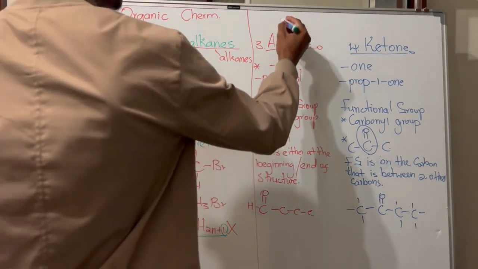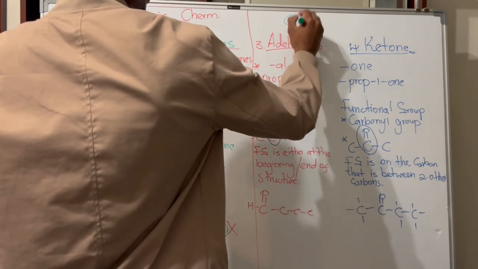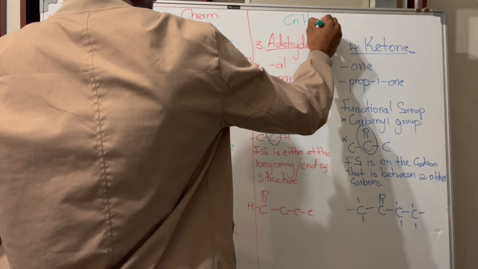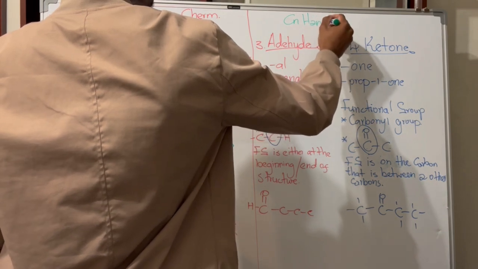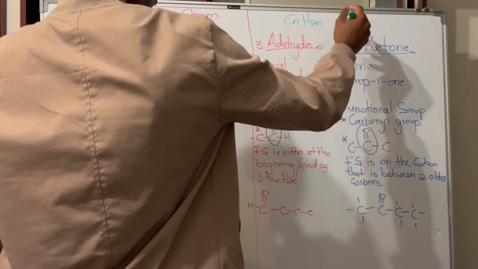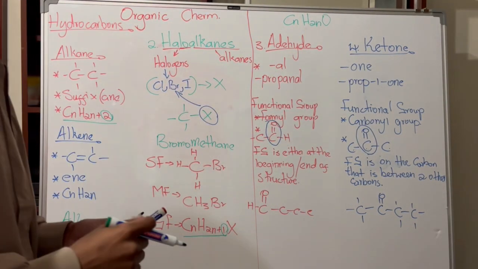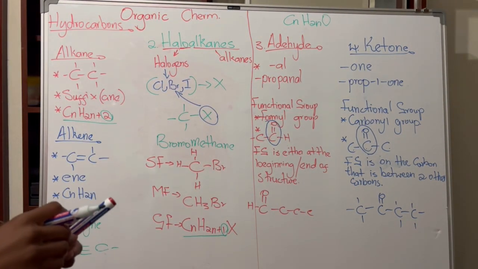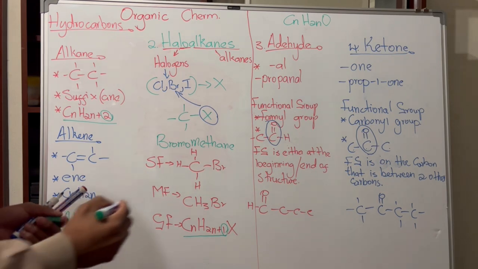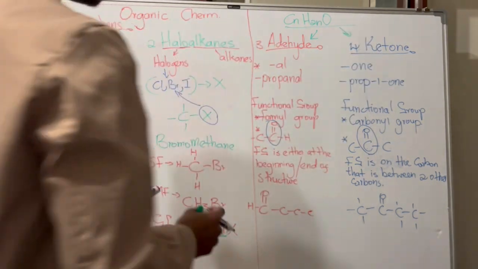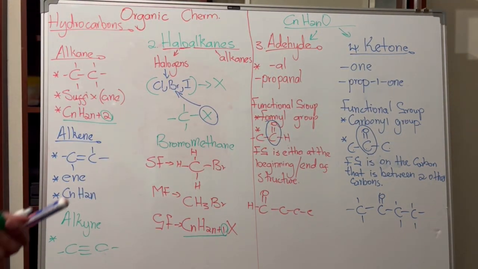Their general formula is CnH2nO. So that's the general formula for both. That's the only thing that they are similar in. Other than that, the structures are different.